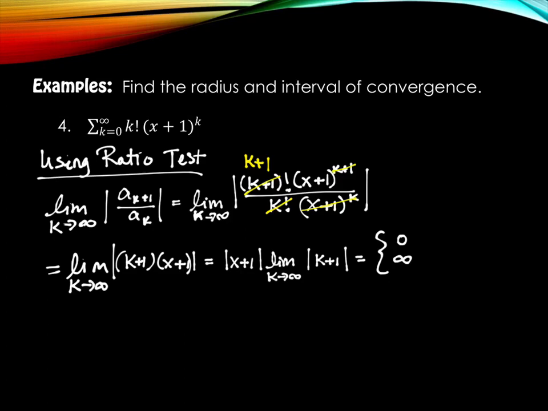Take a look at the entire expression here and tell me, what would make this whole thing be 0? When x was 1 over infinity. Nope. But you're right about the fact that it's going to involve x.